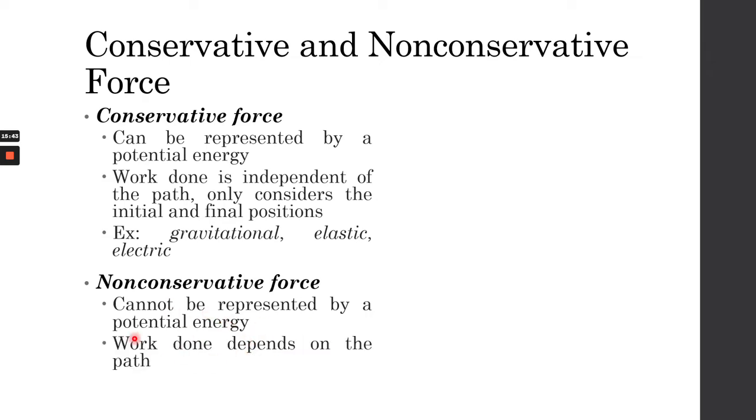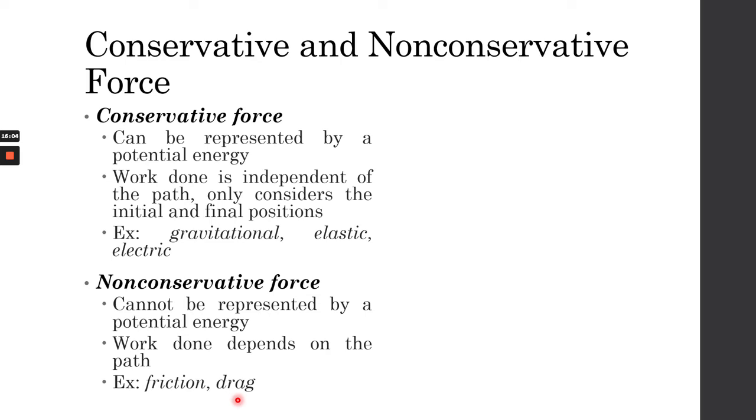The reason for that is because the work done depends on the path. An example of this is friction and drag forces. Drag forces is basically like air resistance or the drag on the water as a boat travels through the water. Those drag forces are dependent on the path.